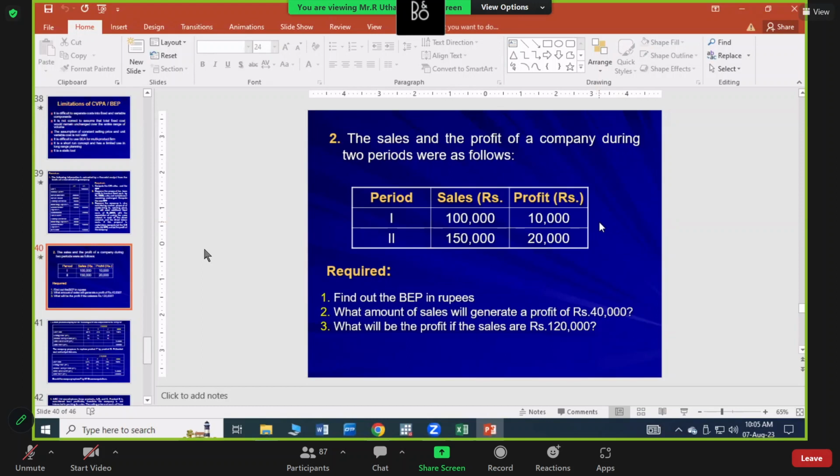But you want to differentiate the total cost into two: fixed cost and variable cost. So how can you do that? That's the question.